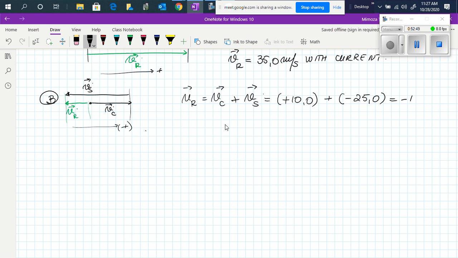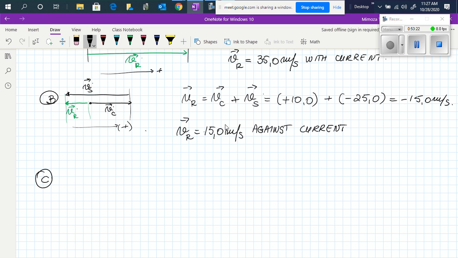So this will be negative 15 meters per second. And you can say that the resultant velocity, or the velocity the observer sees, is 15 meters per second against the current, or if you are assuming that the current is east, then the opposite of east is west.